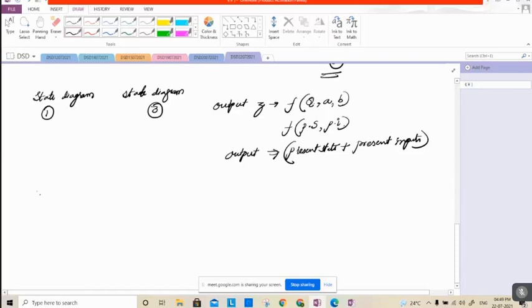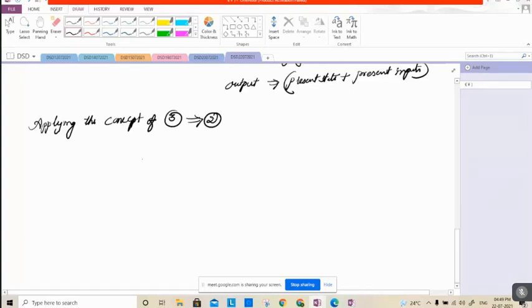Now the state diagram 2, if you analyze, applying the concept of state diagram 3 to state diagram 2. This is G naught, H naught, G1 and H1.